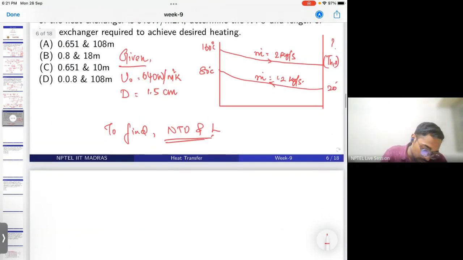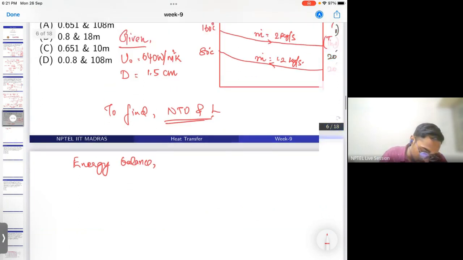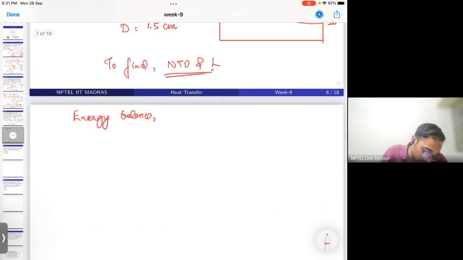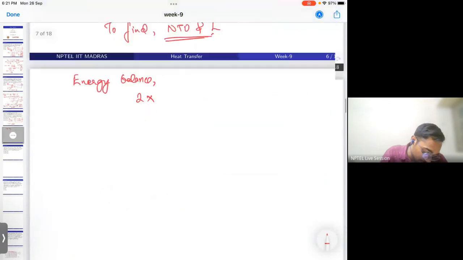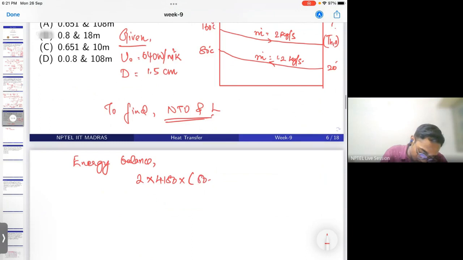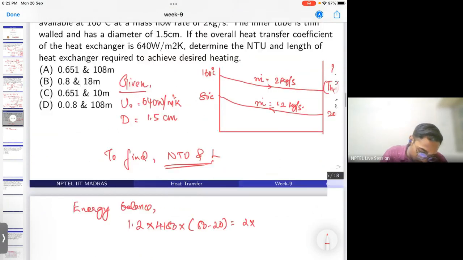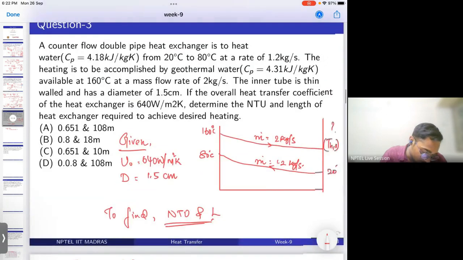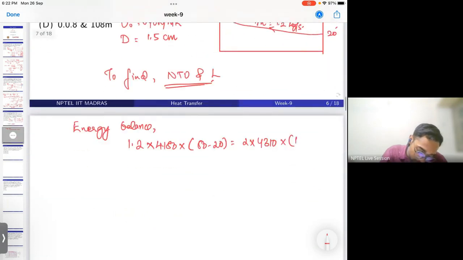That is, energy balance: 1.2 into Cp of water, which is 4180, into 80 minus 20, is equal to 2 into Cp of geothermal water, 4310, into 160 minus THO.